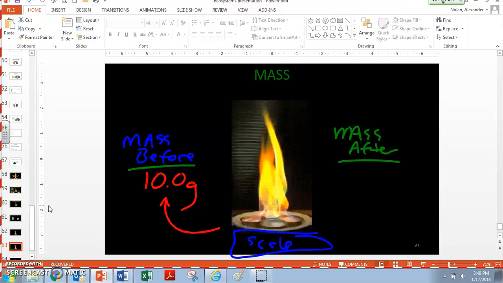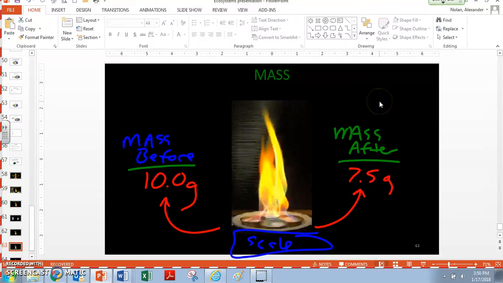And then at the end of it all, once this has burned, I end up with only, let's say, 7.5 grams. So we can see that there is a loss of mass, that the amount of ethanol that we have has decreased from 10 grams to 7.5. We've lost 2.5 grams. One thing that this helps us to talk about is, if we want to know what's happening when ethanol burns, it's going to be really useful to be able to say that we're losing mass.